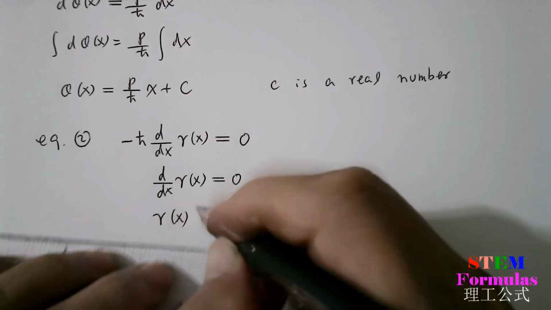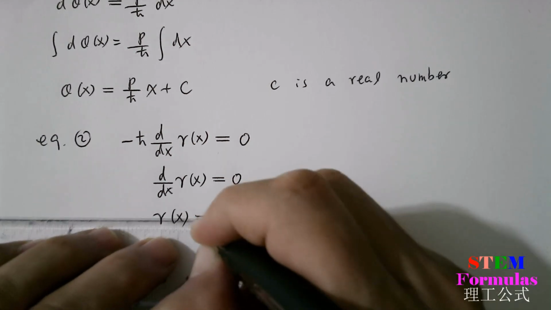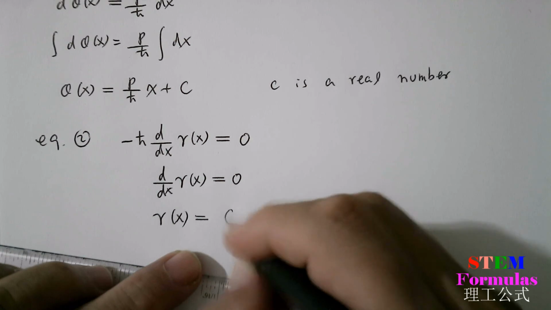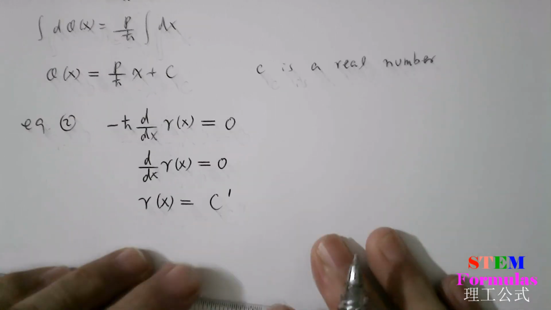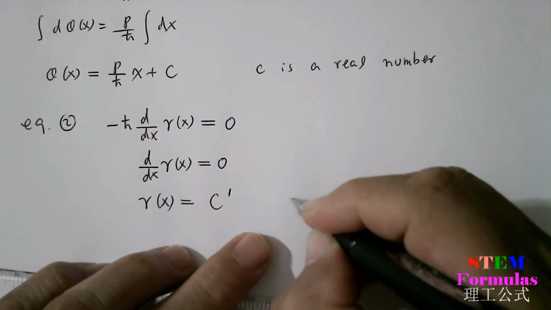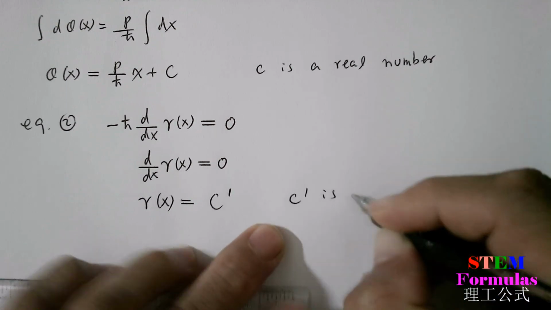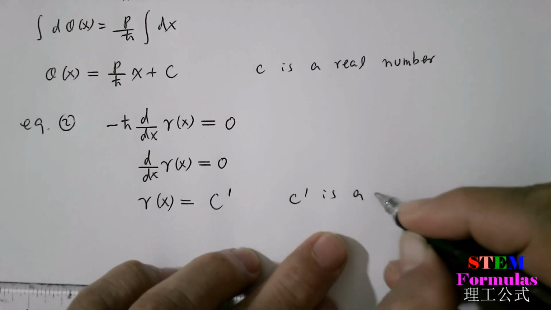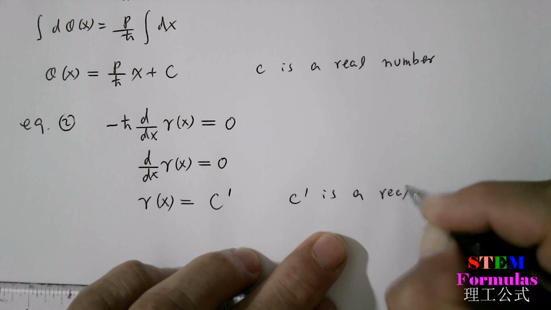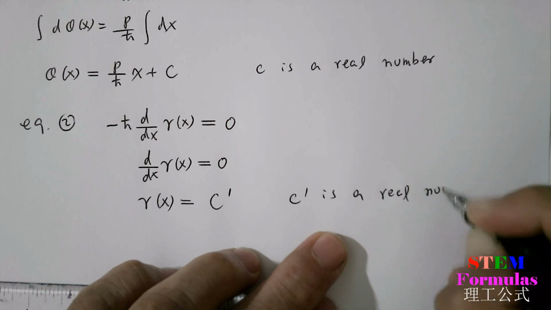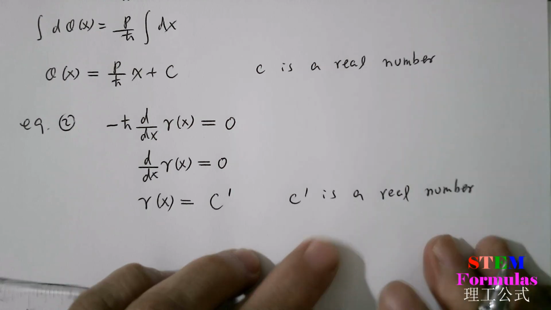Therefore, r of x equals a constant. This constant I write down as c prime. So c prime is a real number, a constant.